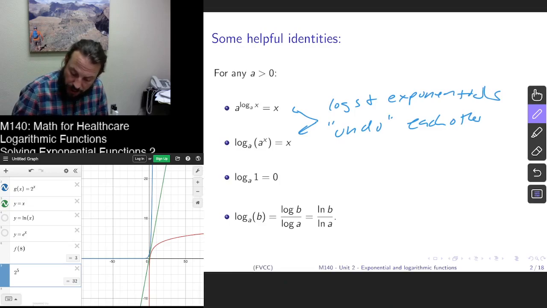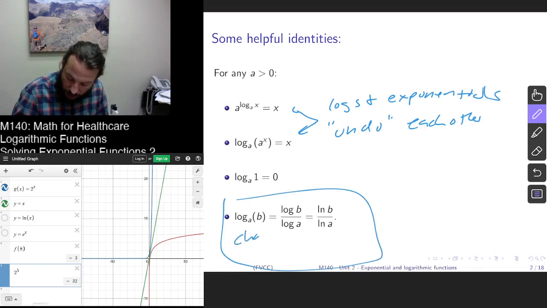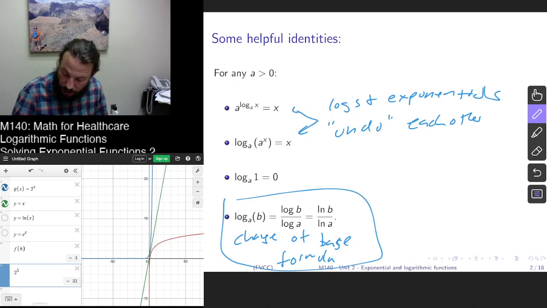Now, this one down here is called the change of base formula. And it's not too bad to describe. That's a way to evaluate if you have a log in a different base than your calculator accepts.